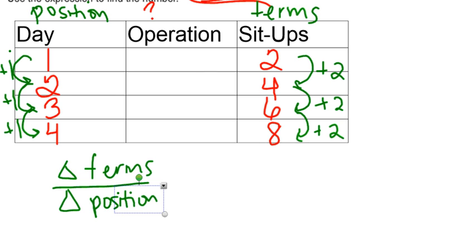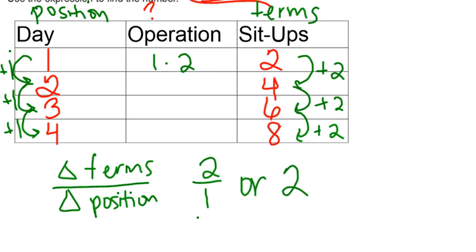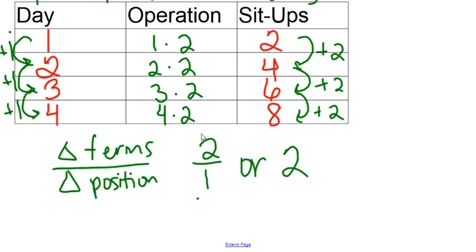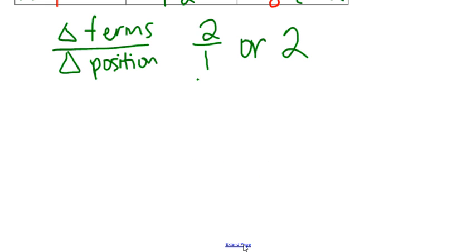And when we do that, we get 2 over 1, or just 2. So we're basically taking the day and we're multiplying it by 2. So 2 times 2, and then 3 times 2, and then 4 times 2. So that basically means all we have to do is multiply our days times the number 2.